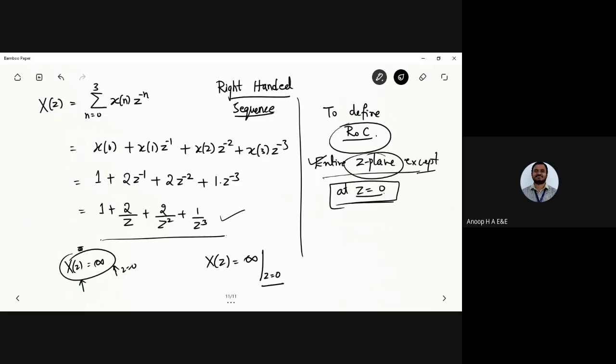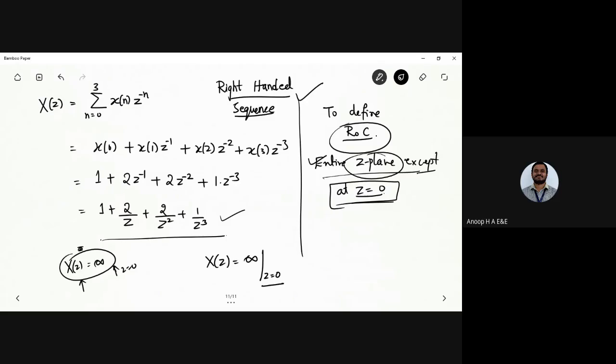The region in which you have finite values, you will call the entire z plane as the ROC, except at z equal to 0, for a right-handed sequence. So that's how we can define it for a right-handed sequence.